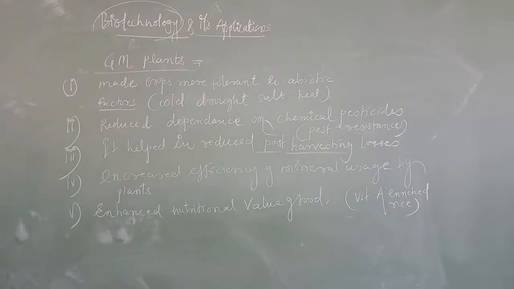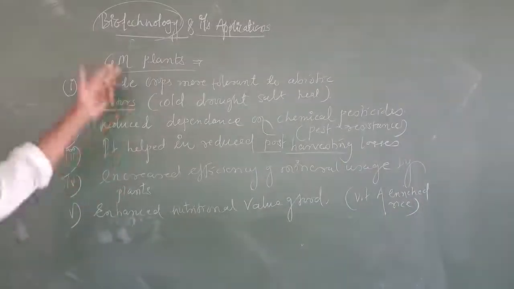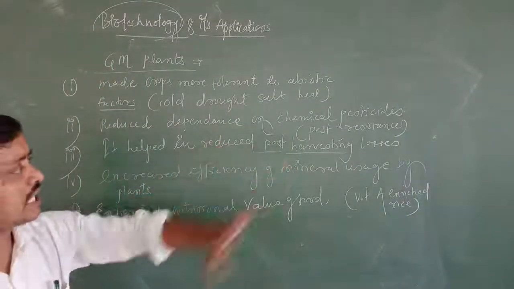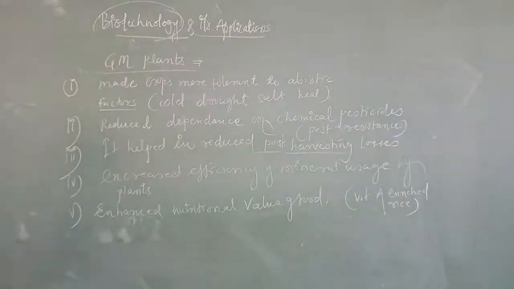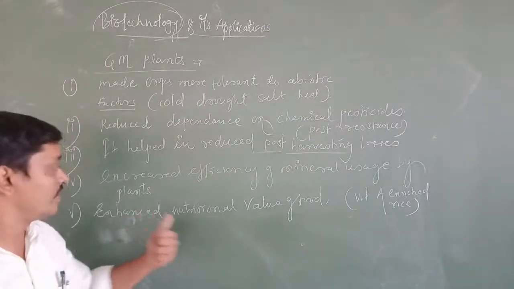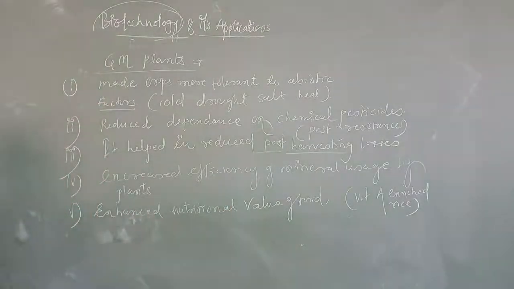In this way, genetically modified plants make crops more tolerant to abiotic factors or stresses like cold, drought, salt, heat, etc. They reduce the dependence on chemical pesticides, like pest resistant plants. They help in reducing post-harvesting losses, increase the efficiency of mineral usage by the plants, and enhance the nutritional value of food, for example vitamin A enriched rice.